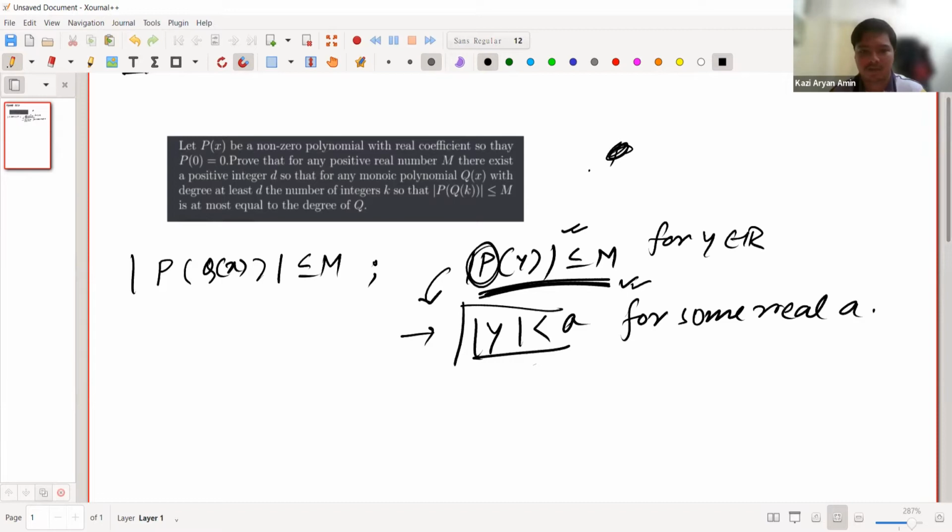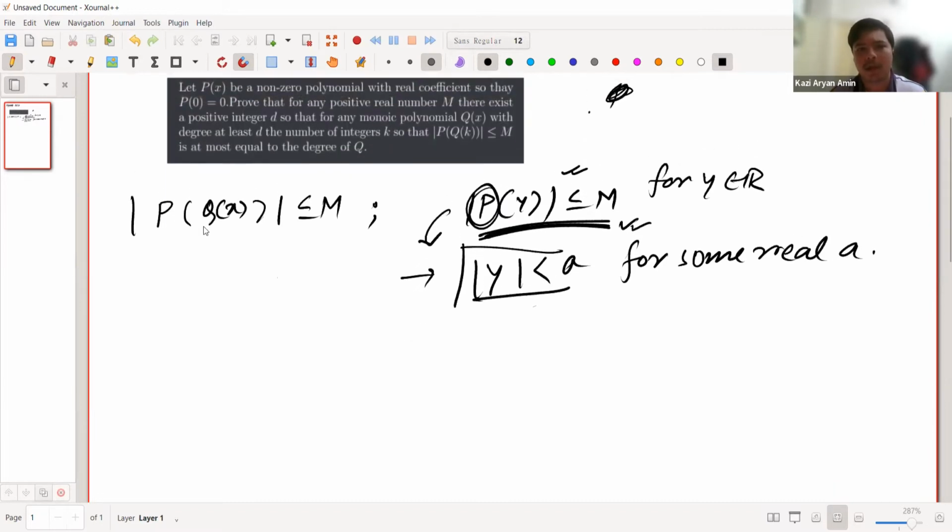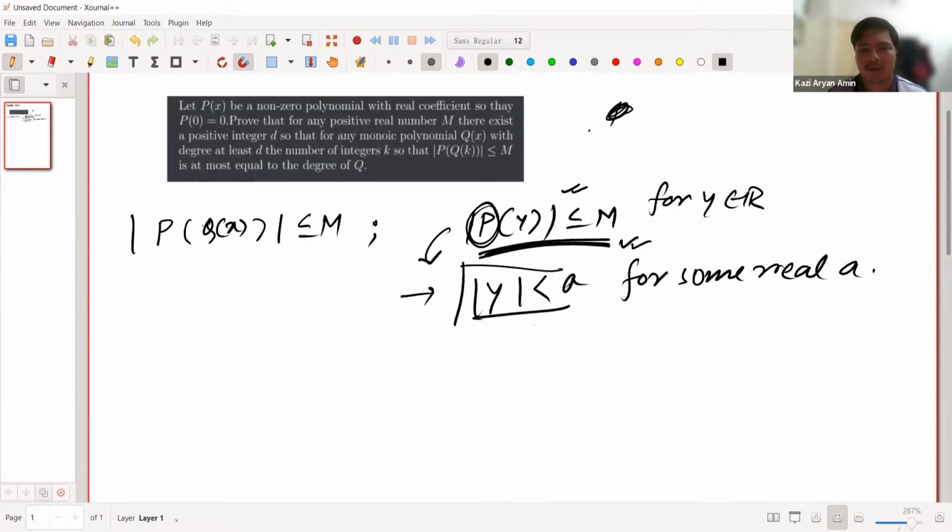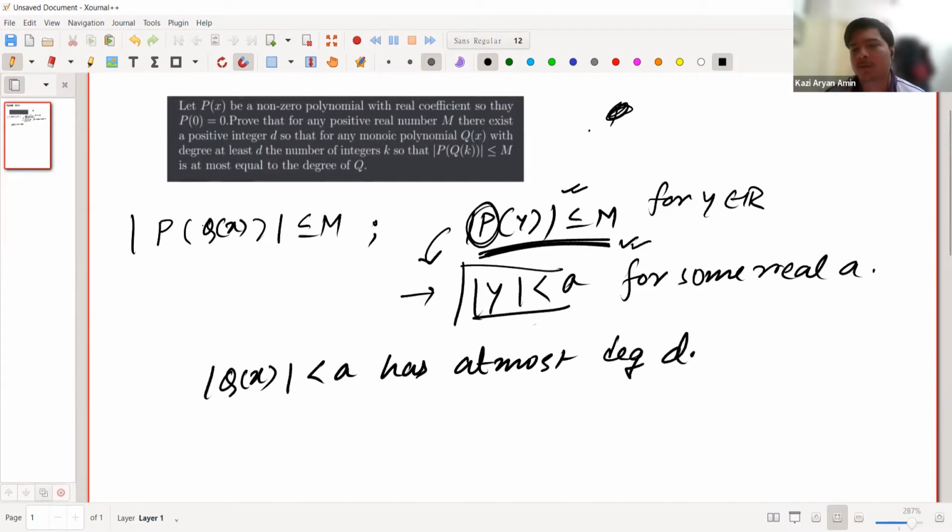So we basically need to ensure that you can choose the degree smartly such that x with mod q of x less than a has at most degree d solutions.